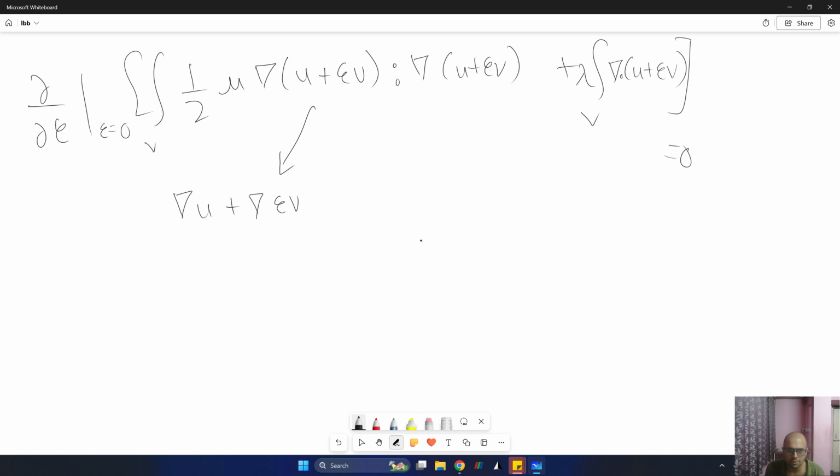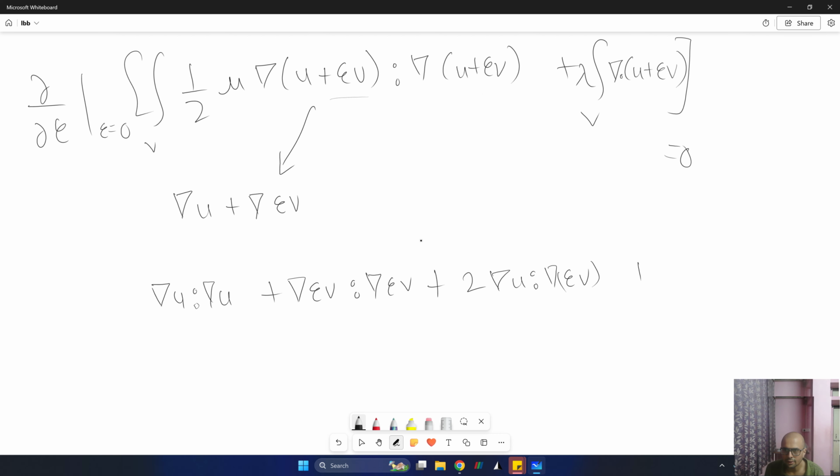Since this is linear, we can just break this, and once we do that and take this double dot, you would get terms like grad u double dot grad u plus grad epsilon v double dot grad epsilon v plus 2 times grad u double dot grad epsilon v, right, and you would also have half outside and lambda into again this guy.